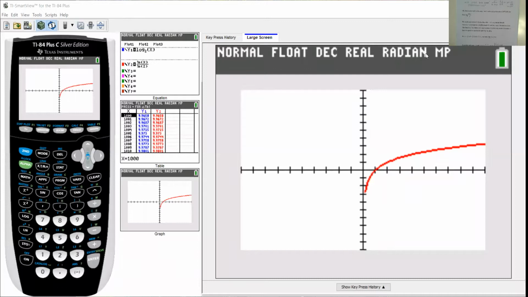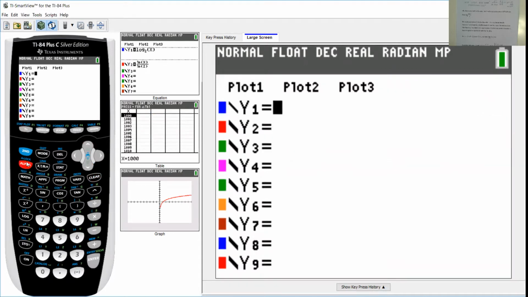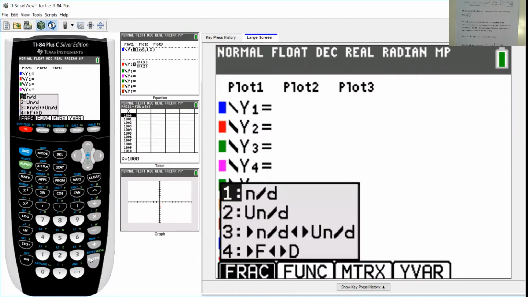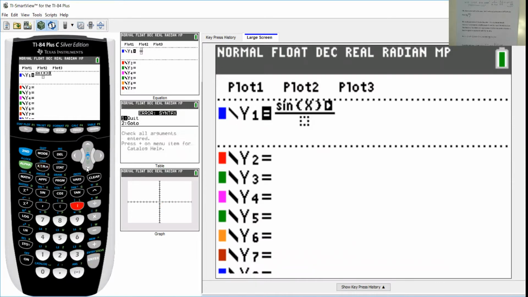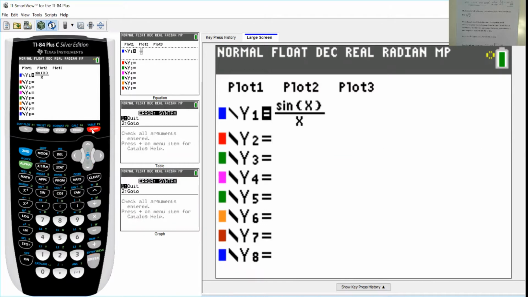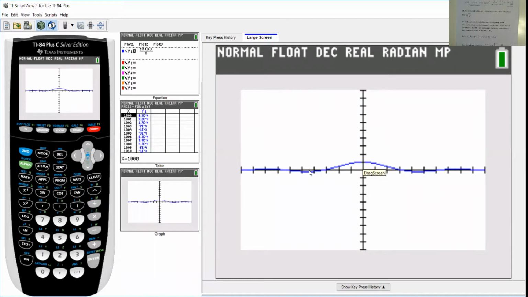Get you out of the way, and y equals sine of x over x. Graph. Limit as x approaches 0. It's getting closer and closer to 0. Wow, looks like it's hitting 1. And that's both coming from the right and coming from the left. That's foreshadowing. We're going to get into that later.